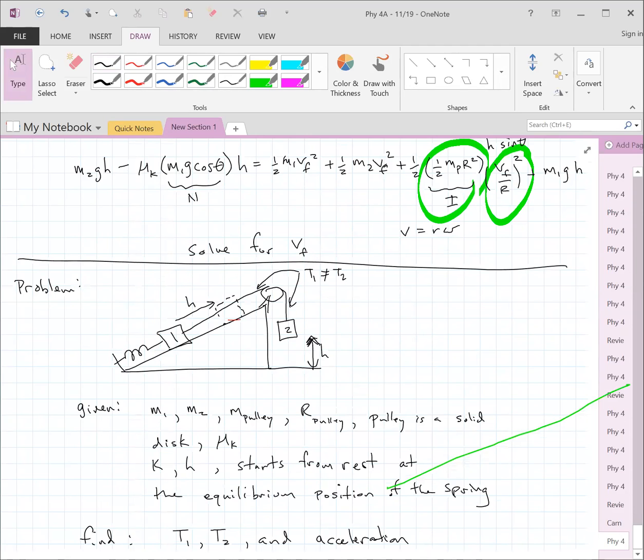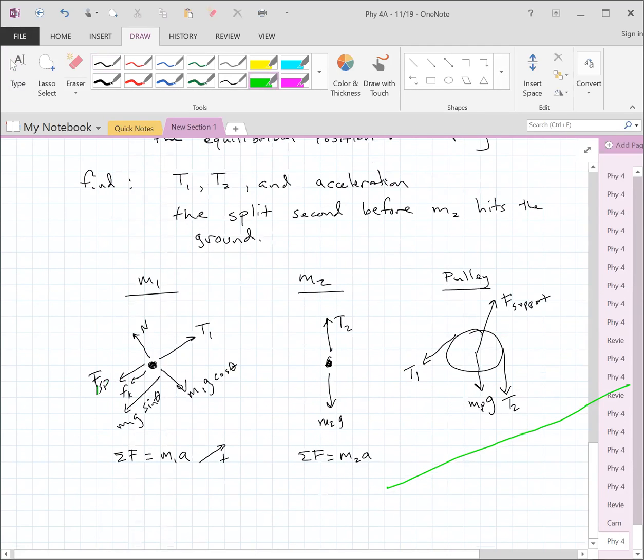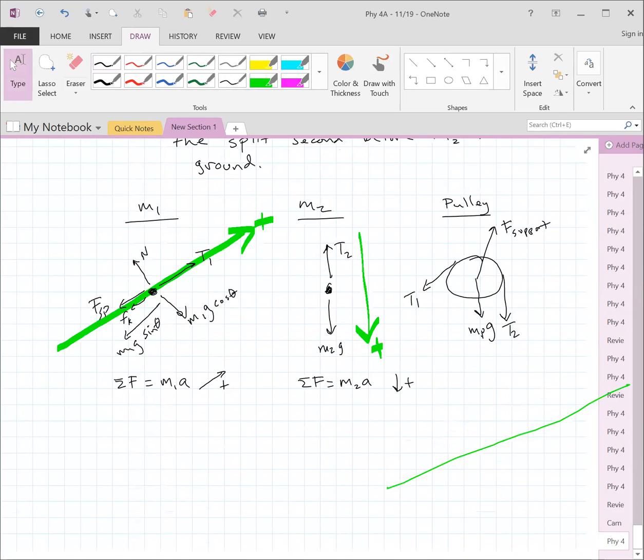So once M1 goes in its positive direction, I've said that the positive direction for M1 is this way, then M2 has to go in the positive direction. So the positive direction for M2 is going to be that way. And that way my accelerations are the same. If I don't do that, my accelerations are different, and that makes the problem a little trickier.